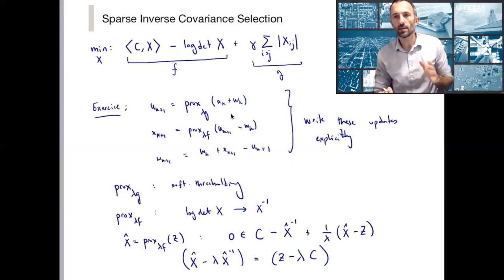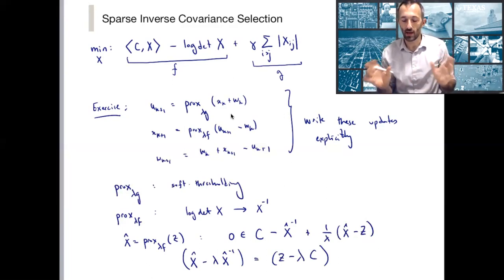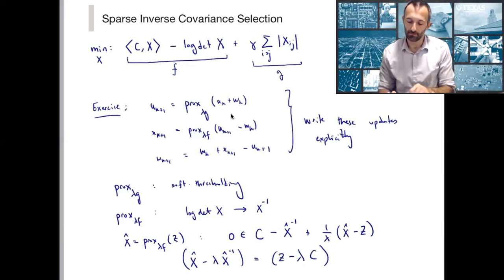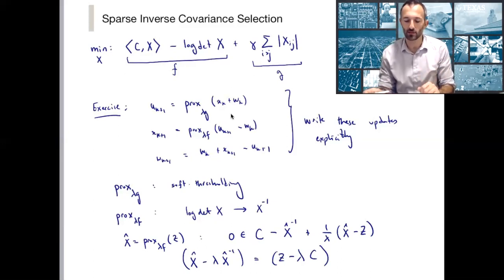And now my hint to you is the following: these are all symmetric matrices. Everything inside is a symmetric matrix. z and c are the data matrices, or what's given. c is the data matrix. z is just my previous iterate, what I'm applying prox to. So it's given. x is what I'm trying to find.